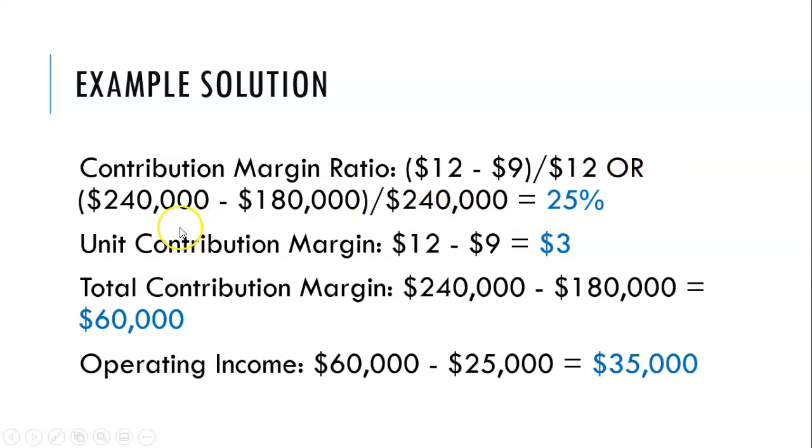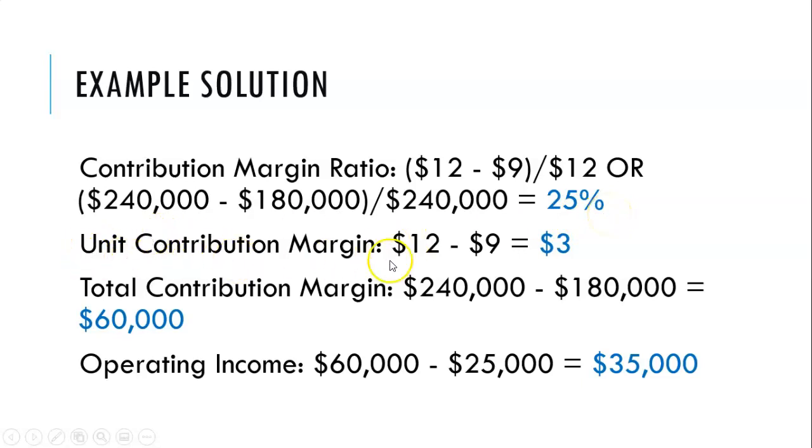Or we can use the totals, the total sales of 240,000 minus 180,000 total variable costs. That gives us $60,000 on our numerator divided by 240,000 sales, and that will also equal 25%. So we can do it either way and come out with our contribution margin ratio of 25%.